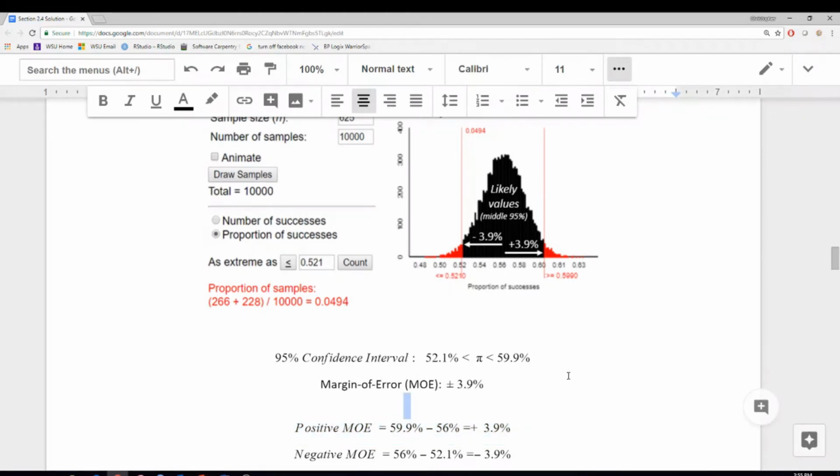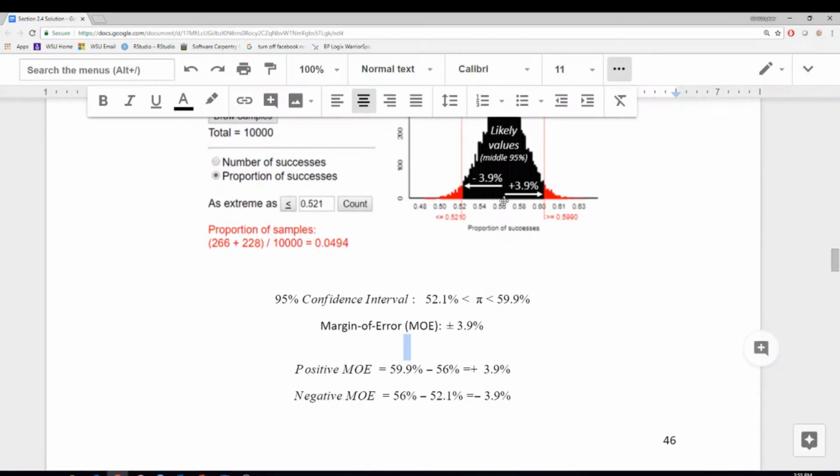Likewise, for the negative margin of error, I would just need to start at 56% and determine how far it is to the lower endpoint. And that lower endpoint is at 52.1%. So that's where I get my margin of error quantities of plus 3.9% and negative 3.9%. So for this particular problem, the confidence interval goes from 52.1% up to 59.9%, and its associated margin of error is 3.9%.